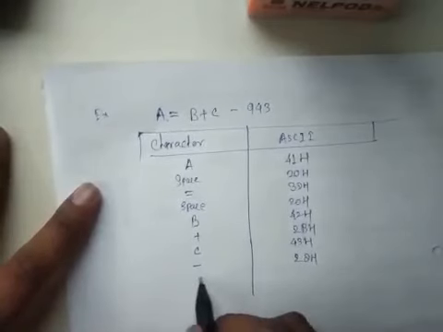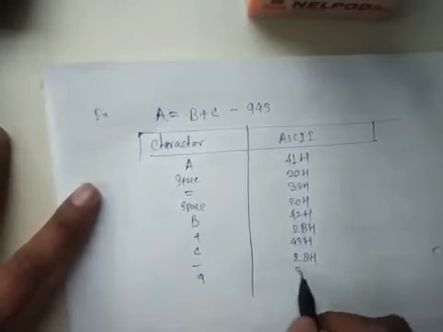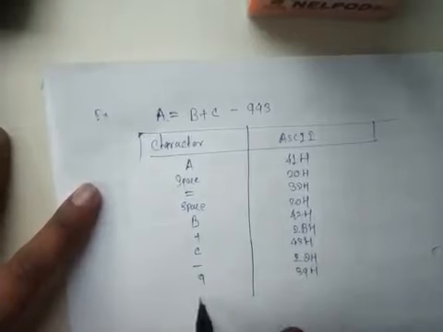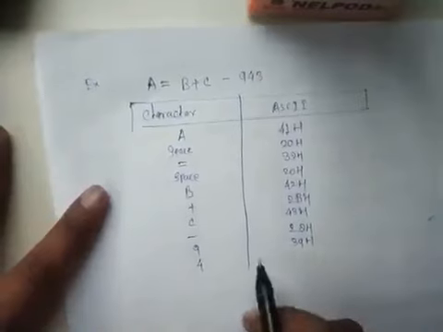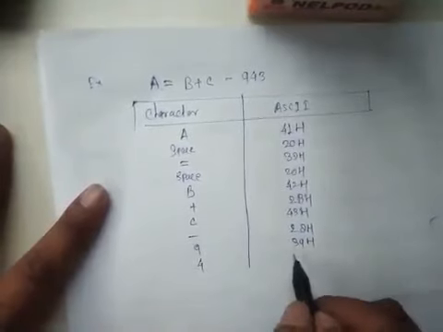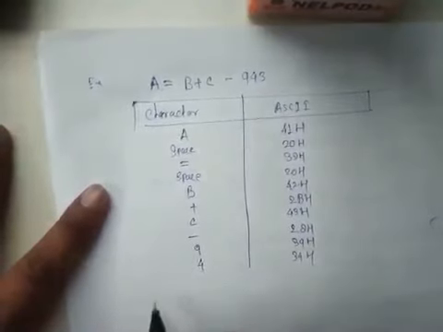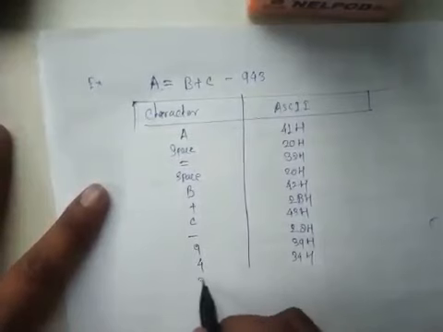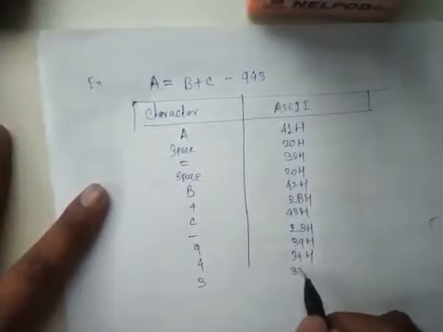Then 9, that is 39H. These are predefined values. Then 4, that is 34H. Then 3, that is 33H.